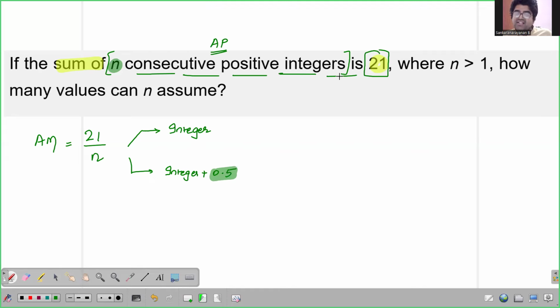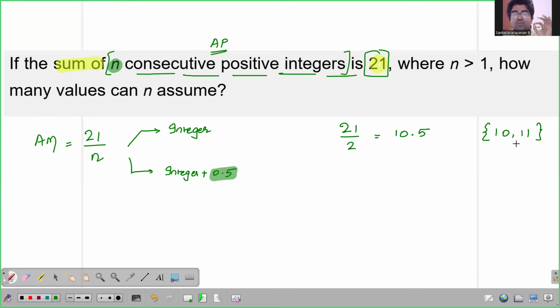Taking that into account, 21 by 2 comes as 10.5, and two values are possible with the total 21: 10 and 11. The arithmetic mean is 10.5 and 10 plus 11 is 21.